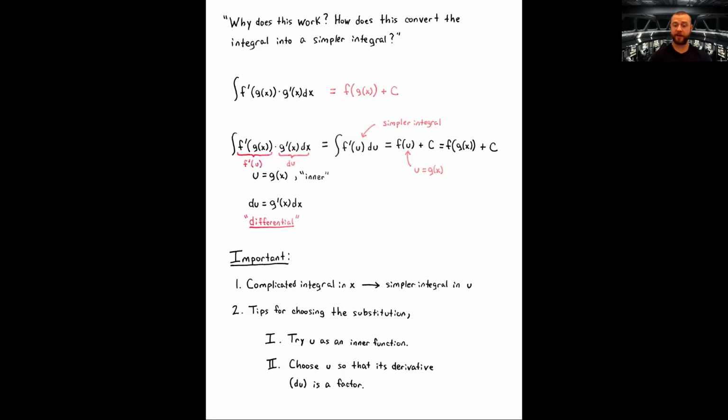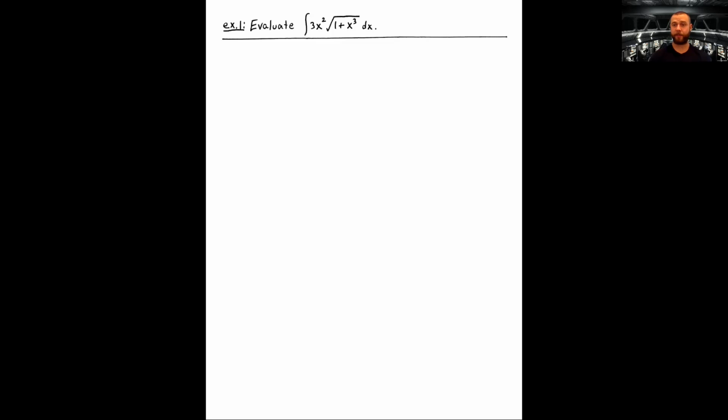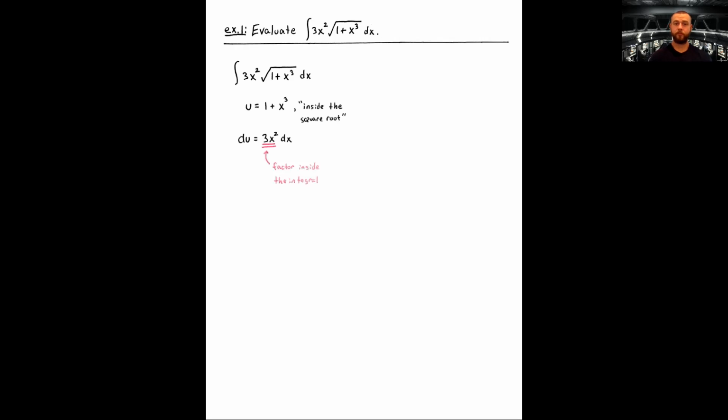Okay, at this point, we're ready for our introductory example that we brought up in the introduction. Let's go ahead and now apply substitution to evaluate this indefinite integral. All right, now, we were mentioning we want to take a look at inner functions, and we scan through and we see the square root of 1 plus x cubed. 1 plus x cubed is inside the square root.